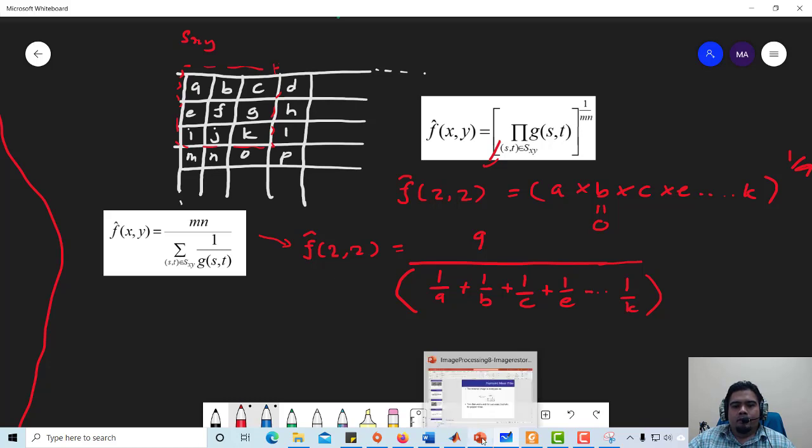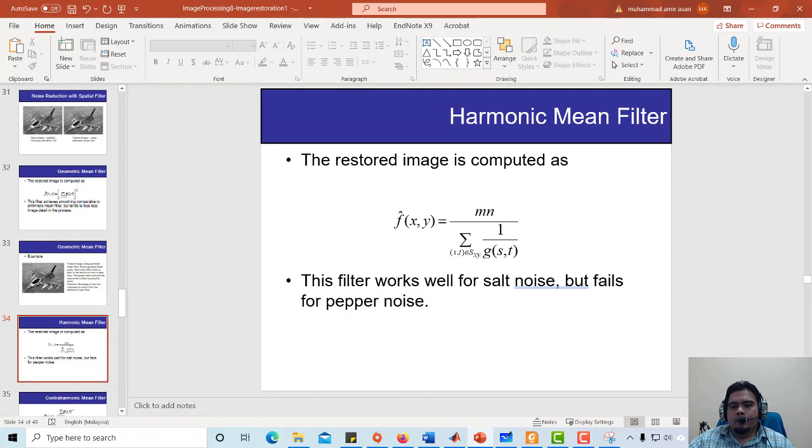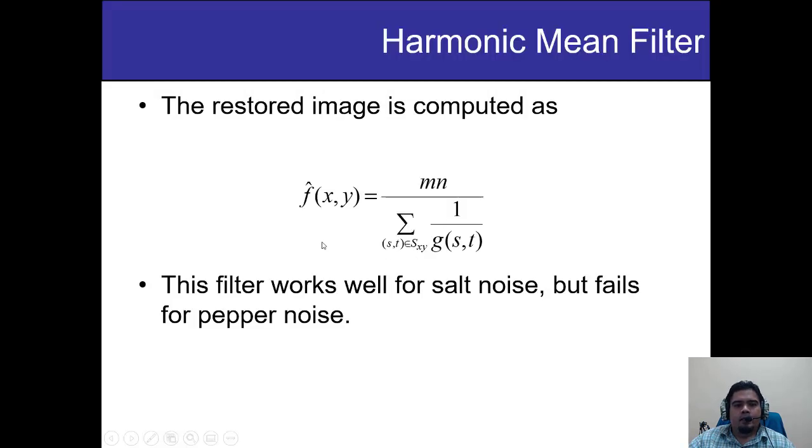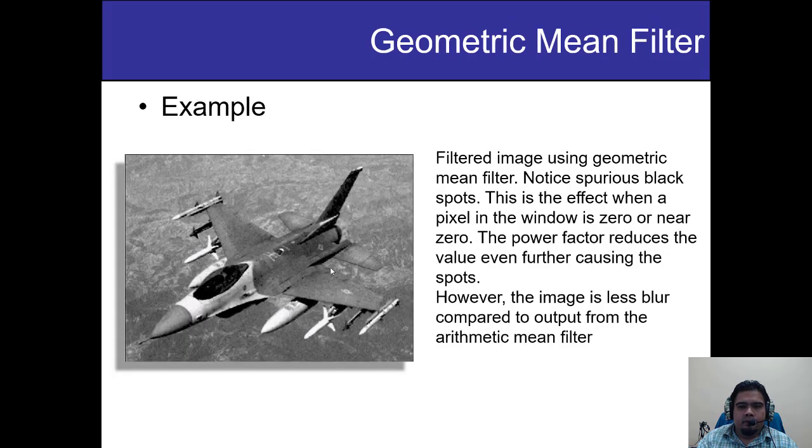Now let's go back to the slide to see what the disadvantage and advantage are for this harmonic mean filter. Before I forget, for the geometric mean filter, the noise that it can tackle is similar to the arithmetic mean filter.